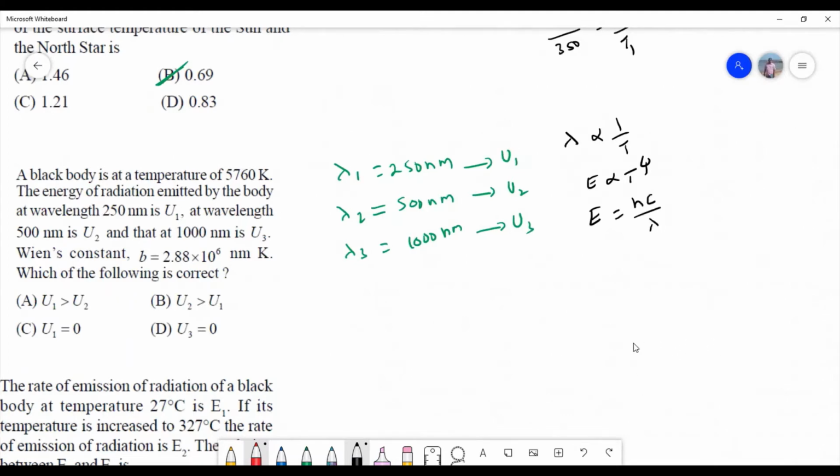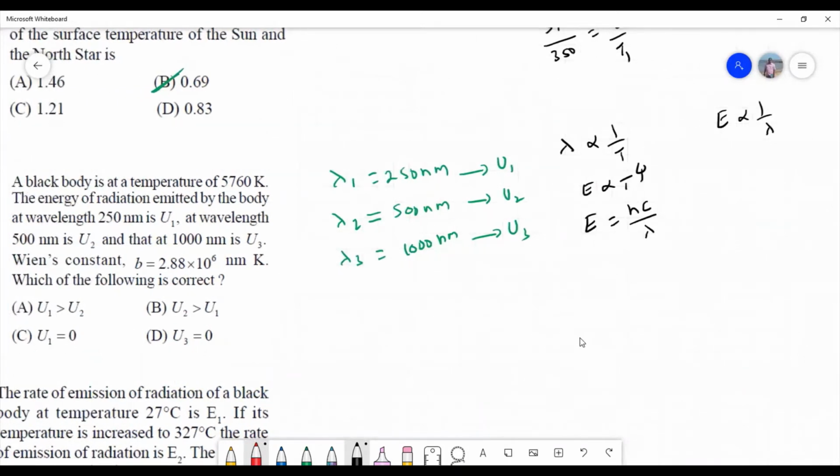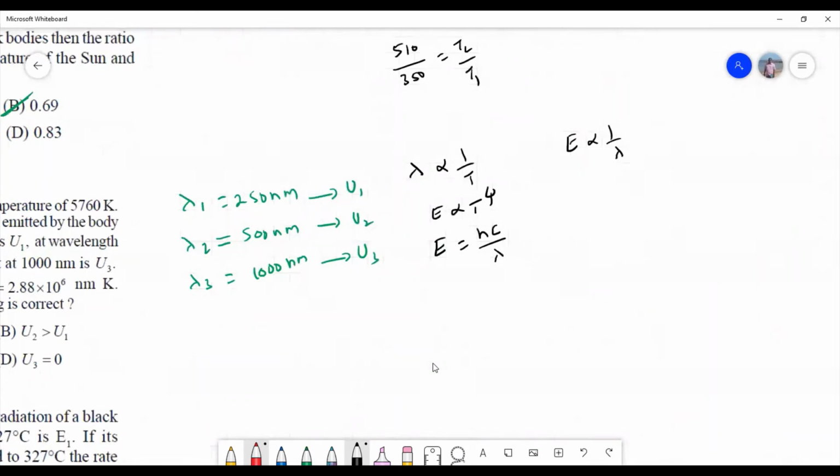So here we can clearly understand that energy emitted is inversely proportional to wavelength. That means more is the wavelength, less is the energy. So lambda 3 is greater than lambda 2 is greater than lambda 1, and U3 will be less than U2, which will be less than U1.